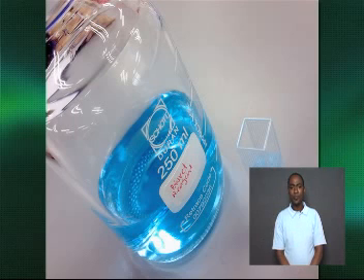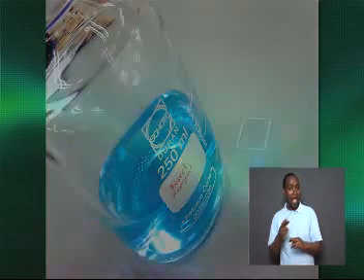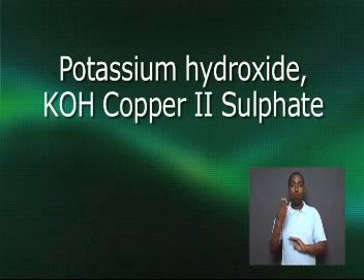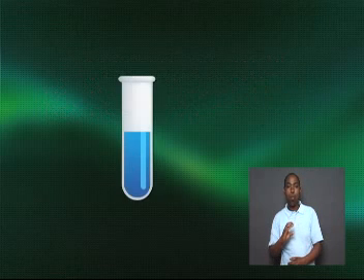As we learned in our last lesson, a reagent is a solution or compound that is added to a substance in order to bring about a reaction. The Biuret reagent is a blue substance made of potassium hydroxide and hydrated copper 2 sulfates.